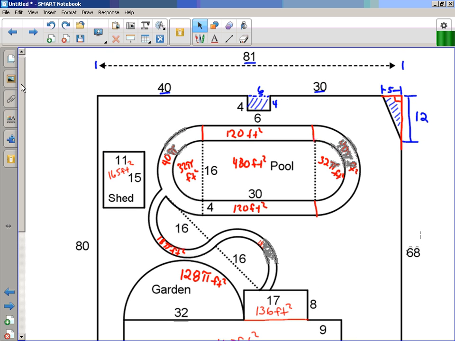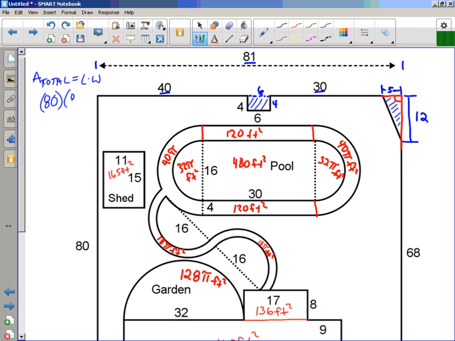Oh yeah, and the really big one. The really big one is the whole thing. So we can do that. The area total of the fenced-in backyard is equal to length times width. But the length is 80 and the width is 81.